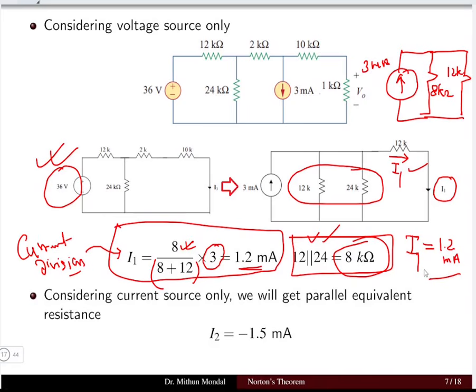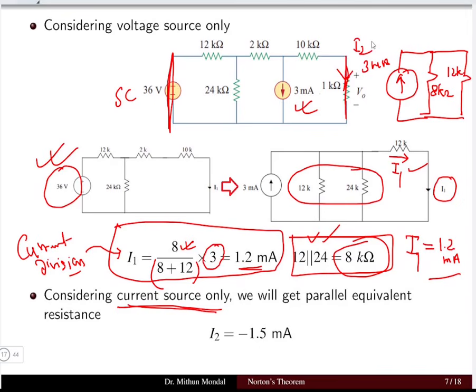Now my second case is where I keep the current source active and the voltage source is removed. If the voltage source is removed, I replace it with a short circuit, keep this current source active, and try to determine the current I2 that is flowing here.